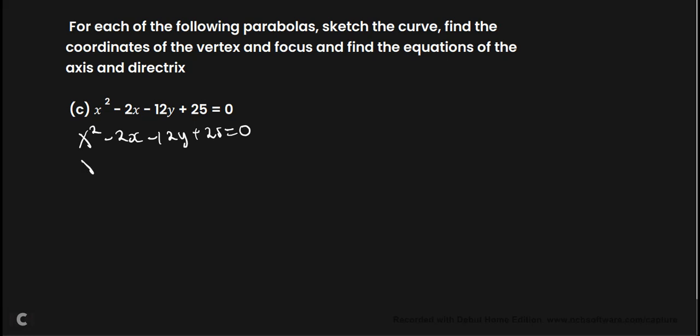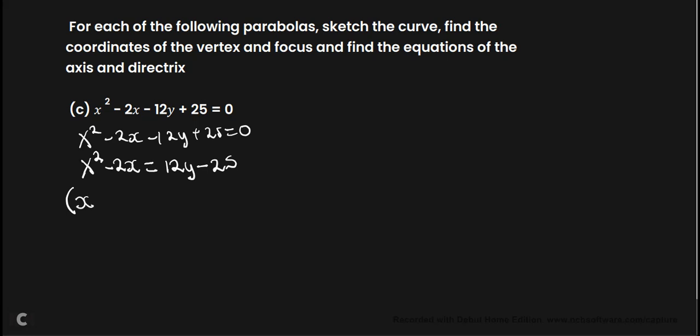So you have x squared minus 2x. Then this 12y goes this side, and this 25 goes that side, negative 25, right?